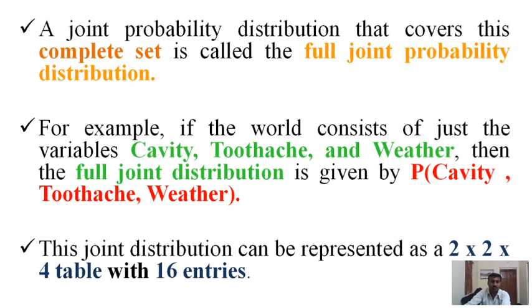This joint distribution can be represented as 2 into 2 into 4, totally 16 entries. For cavity, true or false; for toothache, true or false; and for weather we have 4 points: sunny, rainy, cloudy, and snowy.